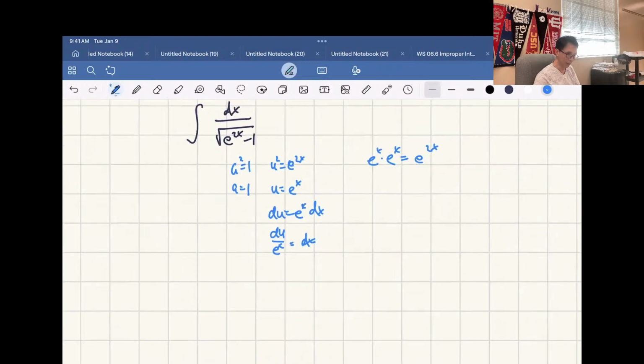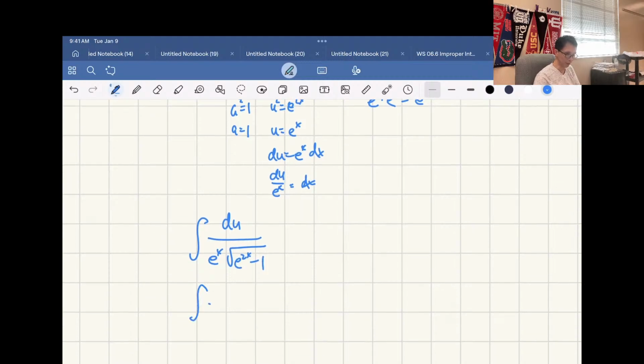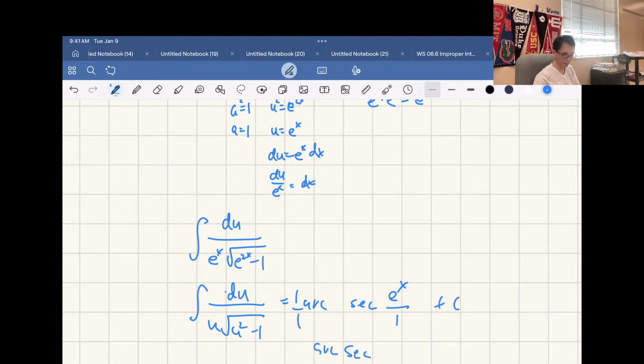So now I'm going to change the dx first to du, and I'm still doing it in terms of x. Now I need to change the bottom part. This is u now, which is a perfect format, which is the arc secant of u over a, 1 over a, plus c. So it'll be arc secant of e to the x plus c.